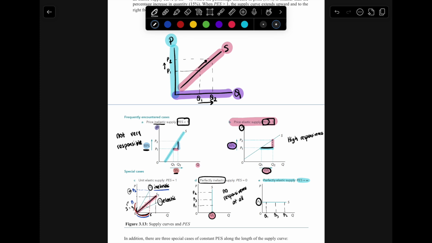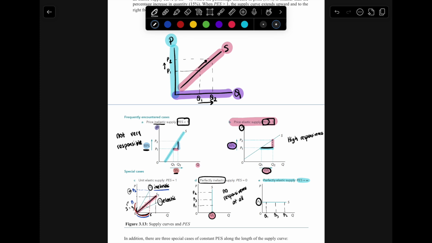So this means that the horizontal movement, which is this movement right here, is larger. The vertical movement, which is the price change, because the vertical axis is the price, is small relative to the quantity change, as you can also see from this little triangle right here. So visually, the curve looks a little more horizontal, and it stretches widely across the quantity axis because the quantity supplied in the price elastic supply graph is larger than the price change.